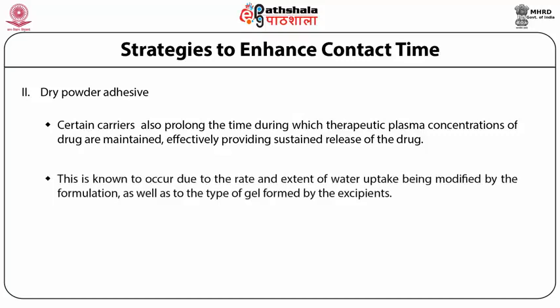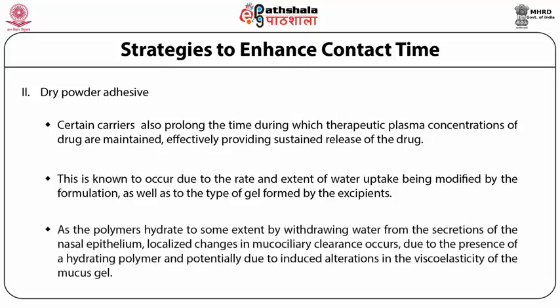This is known to occur due to the rate and extent of water uptake being modified by the formulation as well as the type of gel formed by the excipients. As the polymers hydrate to some extent by withdrawing water from the secretions of the nasal epithelium, localized changes in mucociliary clearance occur due to the presence of a hydrating polymer and potentially due to induced alterations in the viscoelasticity of the mucus gel.